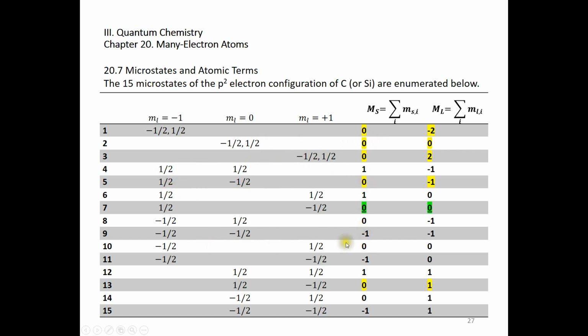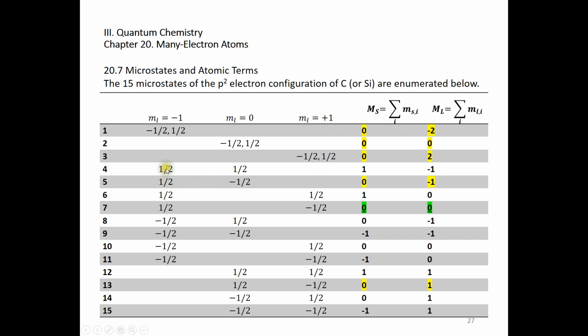Now let's look at another example. This is beta beta. So the sum is -1. So we're going to sum up the M sub S. Over here we sum up M sub L. 2 electrons in the first column, so -1 -1 is -2. 2 electrons in the M sub L equals 0 column, so it's 0. 2 electrons in the +1 column, so it's going to be 2.